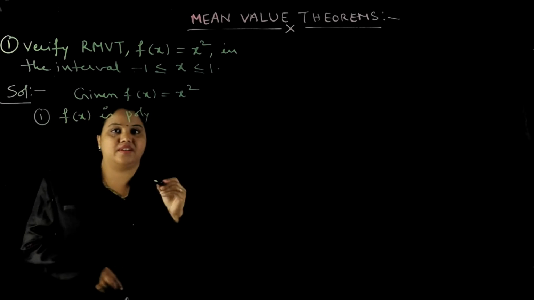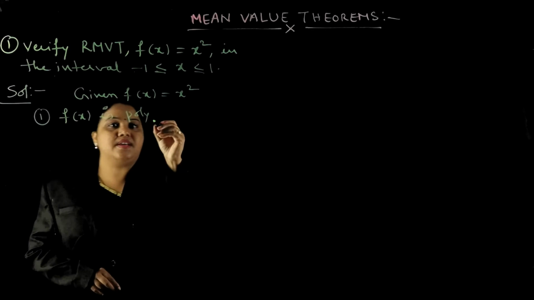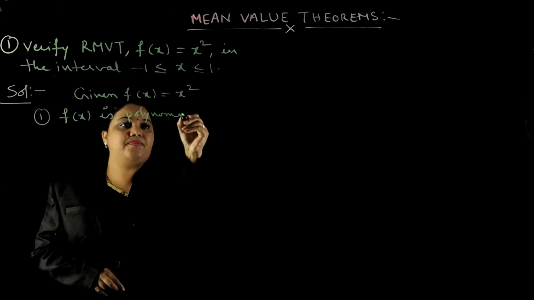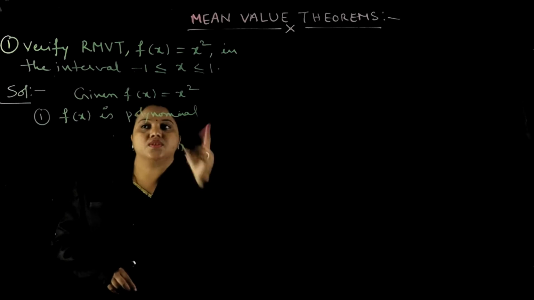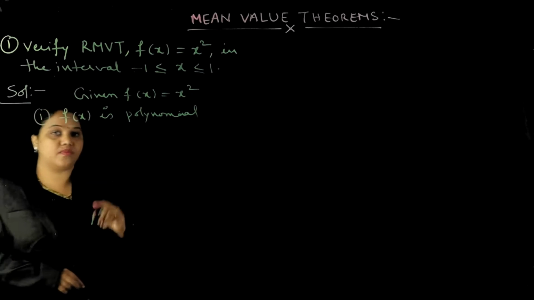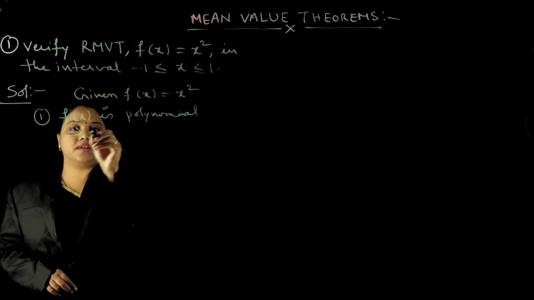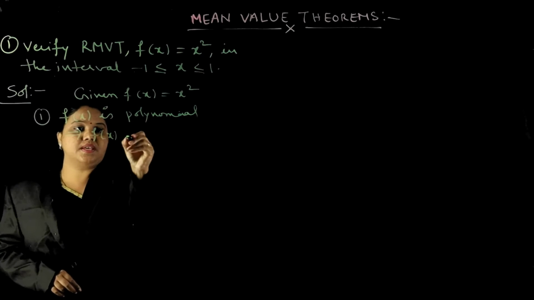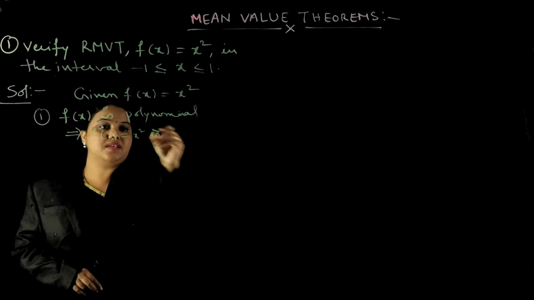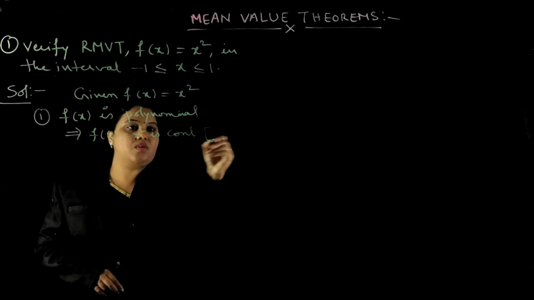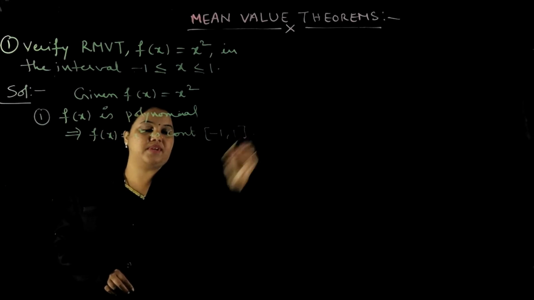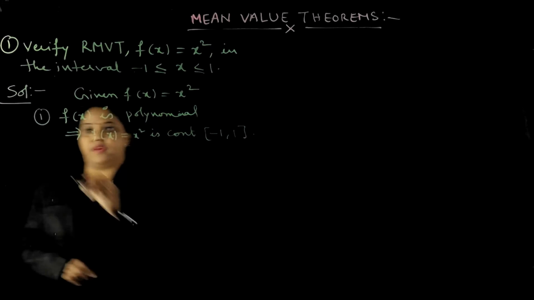You will be answering in your homes. So if f of x is a polynomial, and obviously I have given a note point that this function will always be continuous. So f of x is equal to x square is continuous in the closed interval -1, 1. So the first condition is verified.